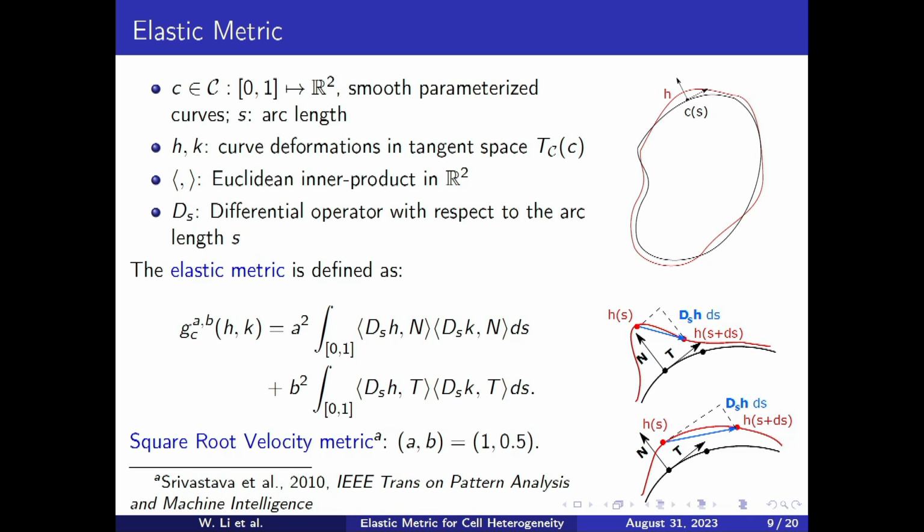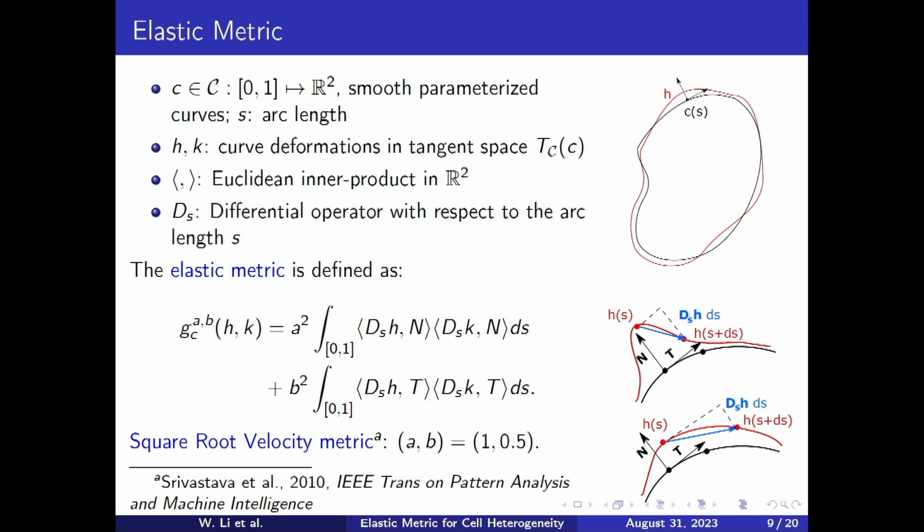N and T here are the local unit normal and tangent vectors for the moving frame associated with C. With a and b greater than 0 being the parameters of the family, one can associate every curve C with an inner product, which is defined to be the elastic metric, by the sum of two components and given in the following form.